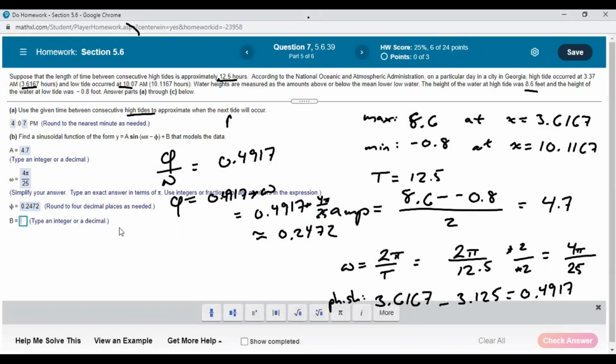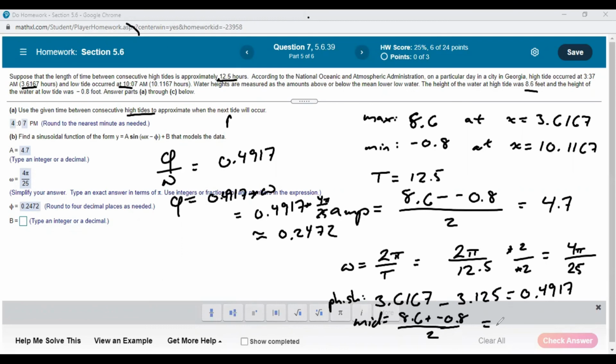The B, we didn't find that yet. The midline. So the midline we will get by doing the average. So the midline is equal to 8.6 plus negative 0.8 over 2. So halfway between the max and the min is where you'll find the midline.